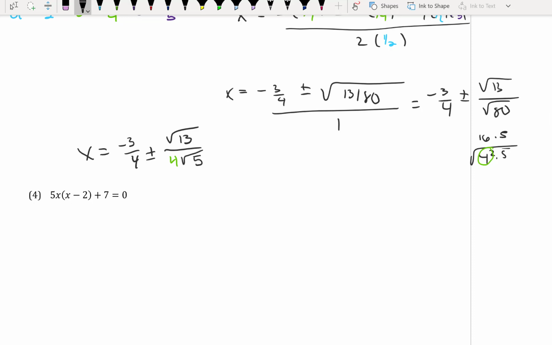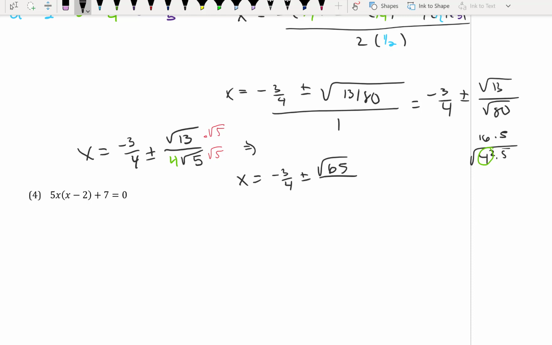And it really just kind of depends on your homework. But if they want you to also rationalize the denominator, then I would multiply top and bottom by a square root 5 just to go a bit further. So now I would have that x is equal to negative 3/4 plus or minus, and 13 times 5 is 65.